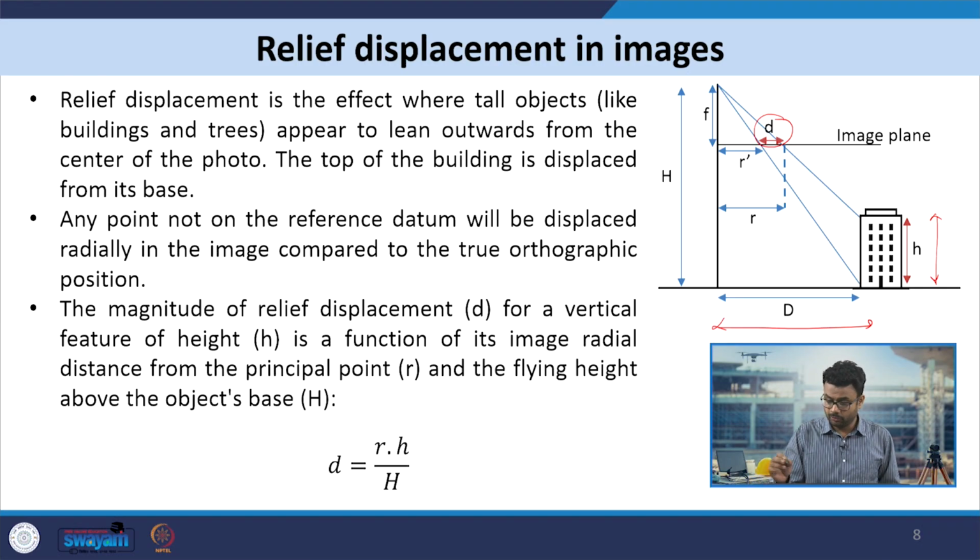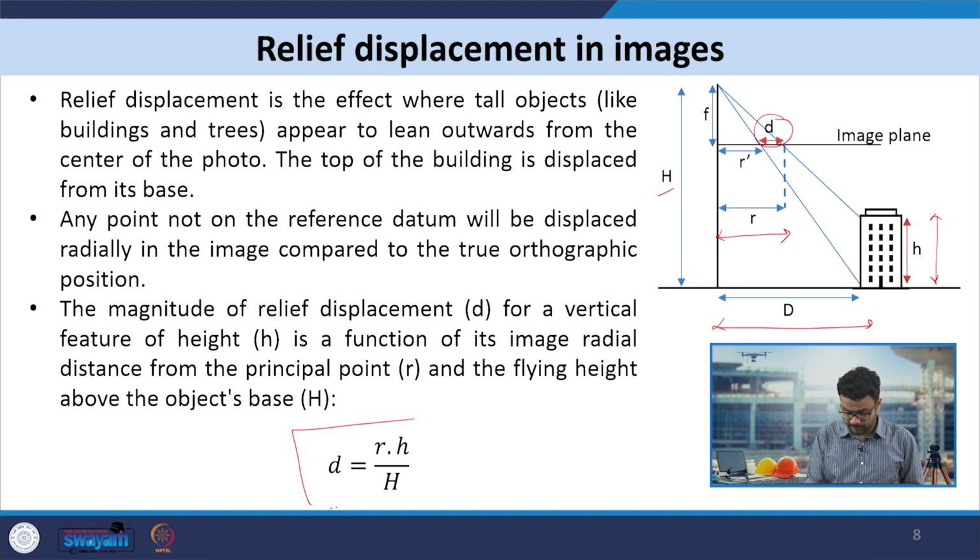The image of the top of the object is situated at a distance of small r from the principal point, and this image is acquired from a camera flying at a flying height of capital H.